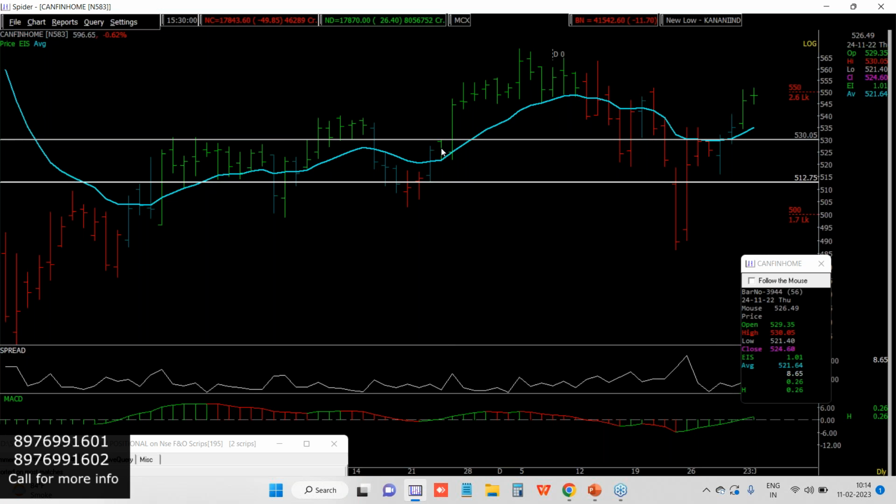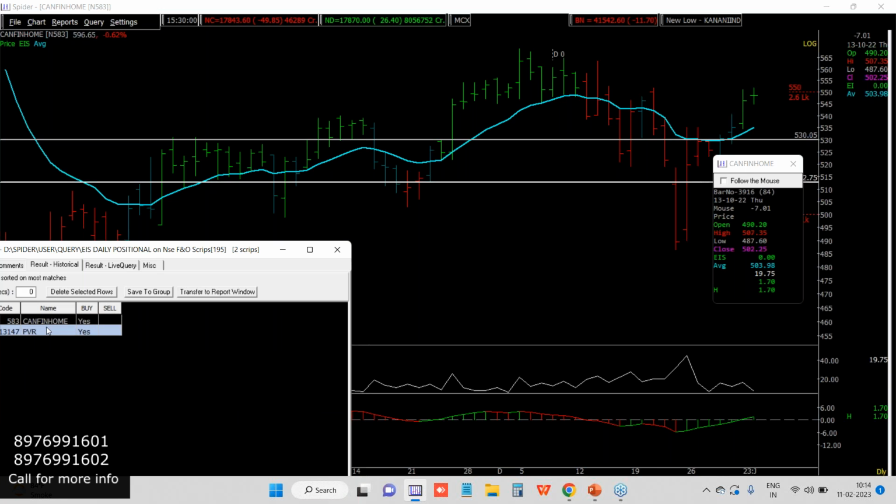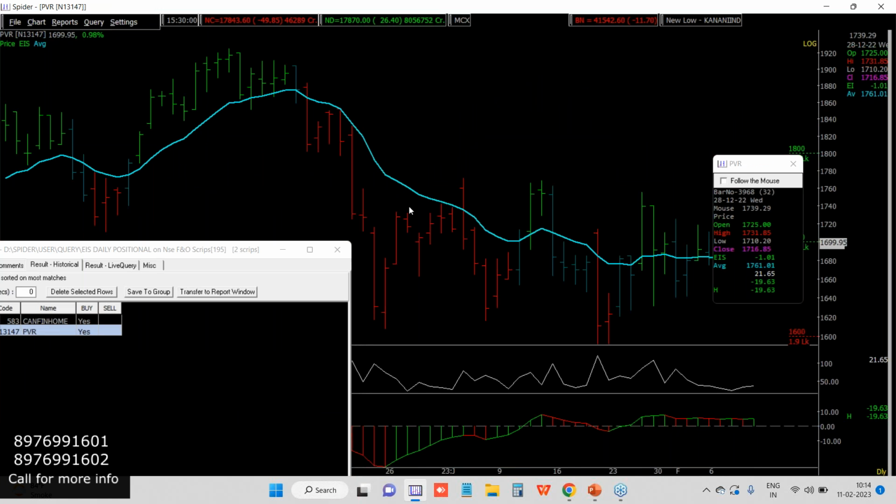As you can see, it has been written in this window also in white colored numbers, that is 8.65. This will be our first minimum target. After that, as I told you, we will be trailing our stop losses. Now we'll see the other result that came in our query, that is PVR.